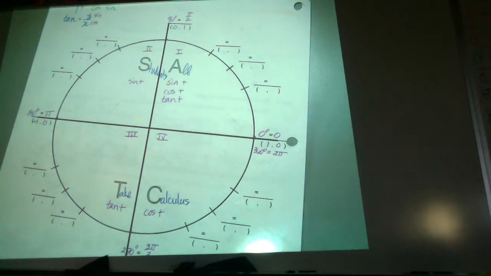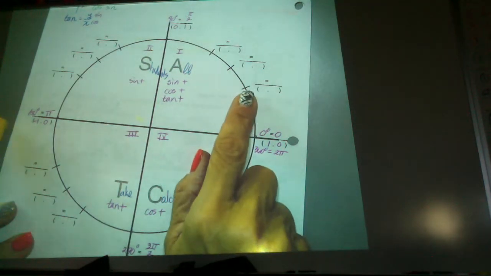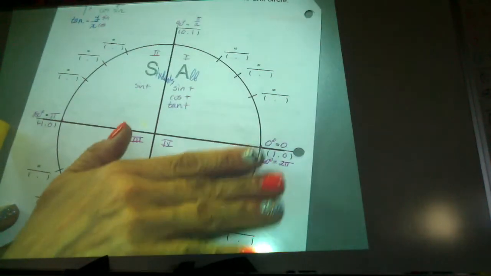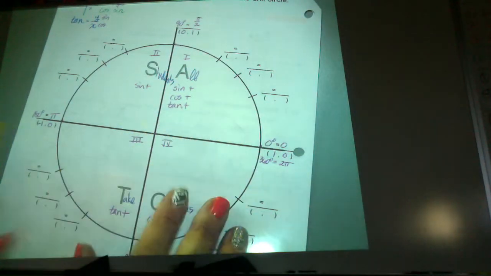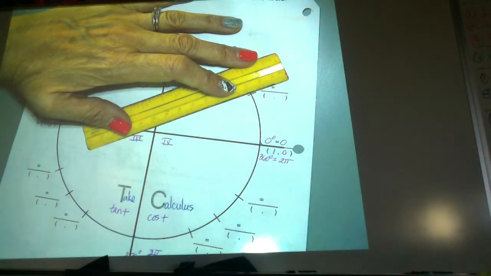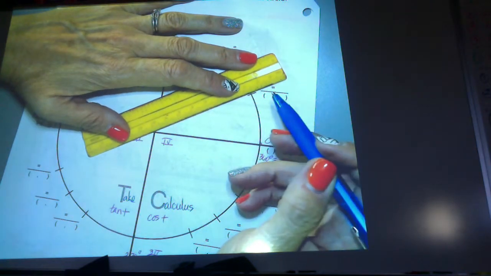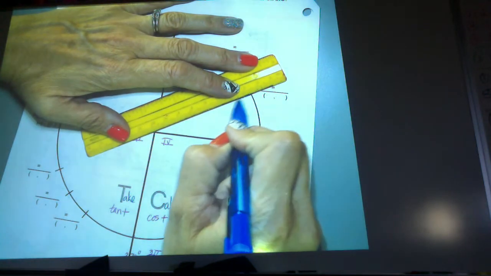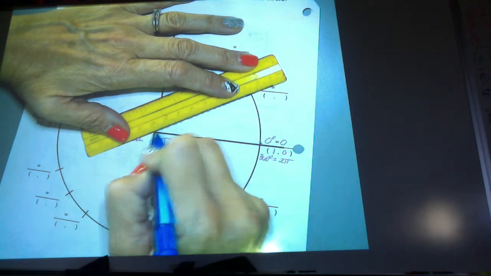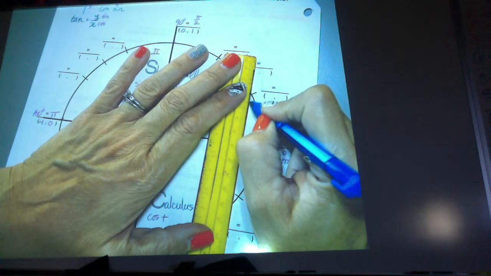So 30. What's the smallest measure out of those 3? 30 degrees. So this has to be smaller than that one because we're opening up, that's the first angle, it's the smallest. So if I connect from here to the origin, and then I make a right triangle straight down to the x-axis.